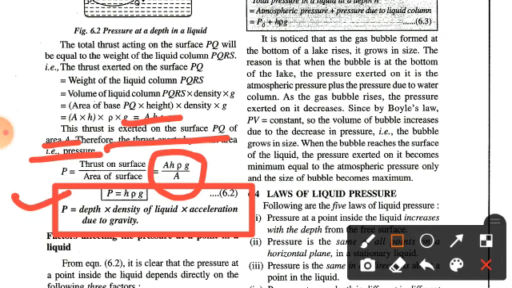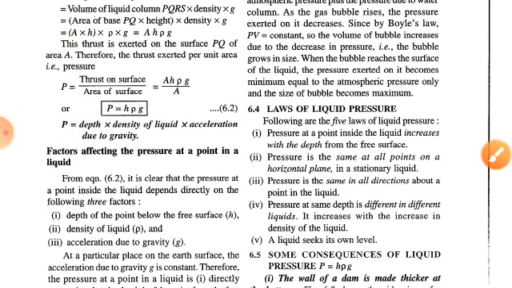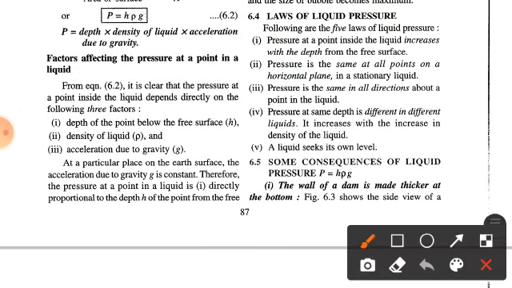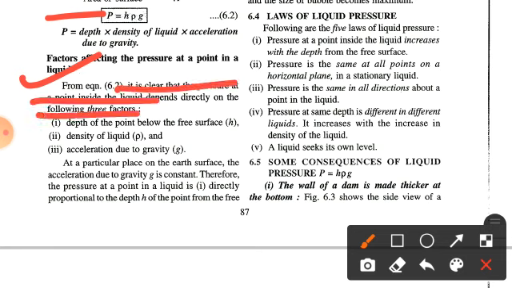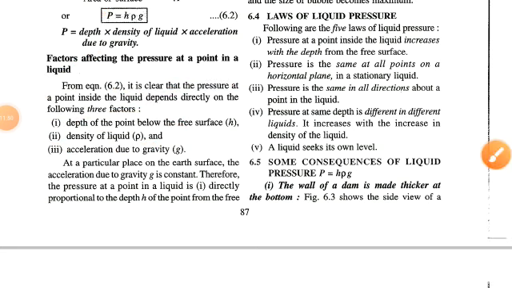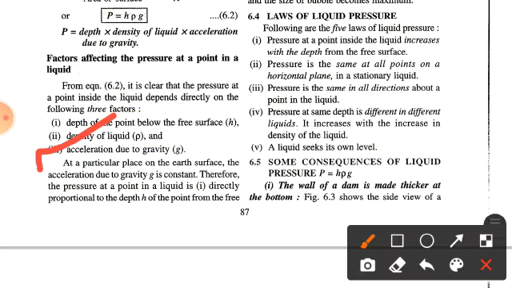Clear? Now what are the factors that affect the pressure at a point in a liquid? From the above figure or equation number 6.2, it is clear that the pressure at a point inside the liquid depends directly on the following three factors. The first one is the depth of the point below the free surface. The second one is the density of the liquid, which is rho, and the third one is the acceleration due to gravity, which is g.